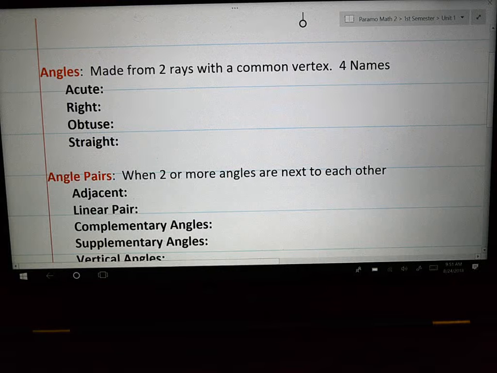So I think the acute angle, I don't know. I think it's below 90 degrees, and I think a right angle is 90 degrees. 90 degrees.